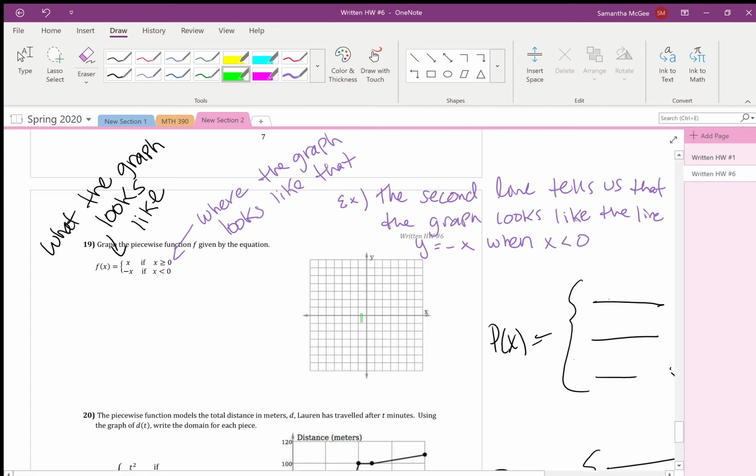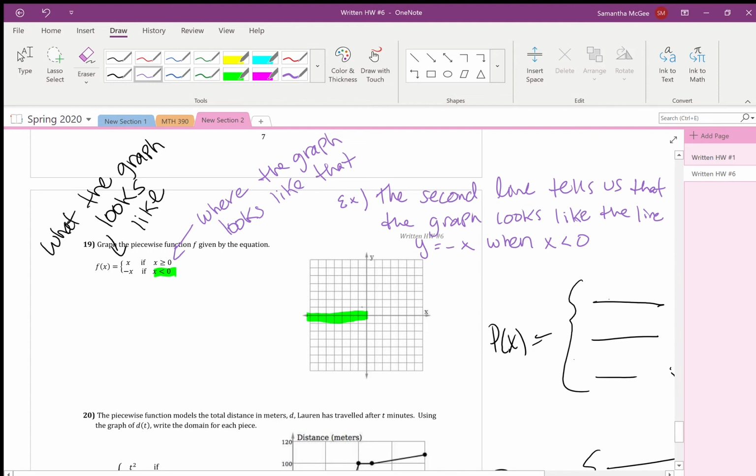In other words, when we're on this left side of the graph. The left side is when we're less than 0. So if I were to graph that, and I'll do it in purple since I've written it in purple, we just said that the second line tells us that the graph looks like the line y equals negative x whenever our inputs are less than 0, whenever we're on this left side of our graph.